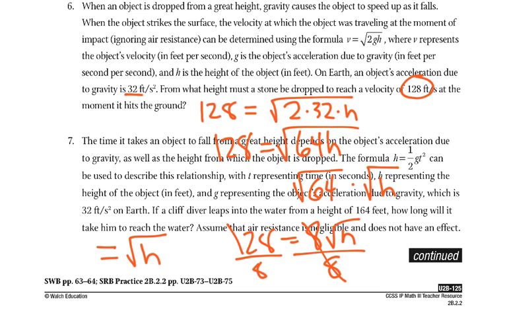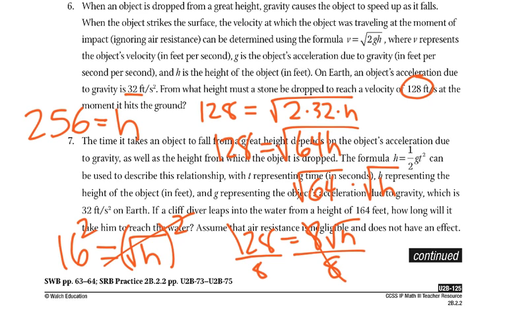So 128, that would go in 16 times. That sounds about right. Then we square both sides, so we get h equals 16 squared, which is 256. So it would be 256 feet, would be the height.